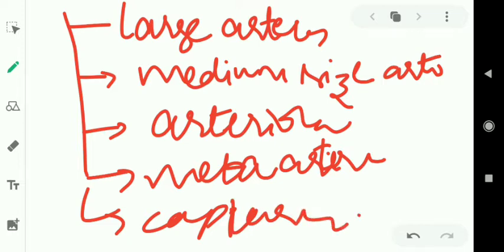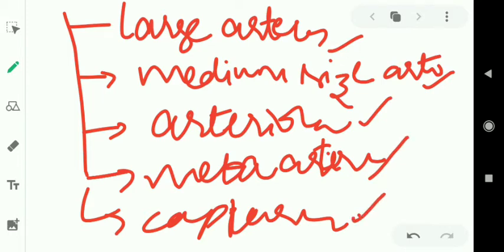So we'll be studying the histology of blood vessels under these four subheadings: large arteries, medium size arteries, arterioles, meta-arterioles, and the capillaries.